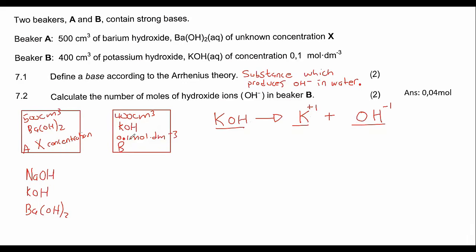So if we take this information over here and this over here, that is the information for the potassium hydroxide. We can take that concentration and that volume, and we can work out the moles of potassium hydroxide using this formula.